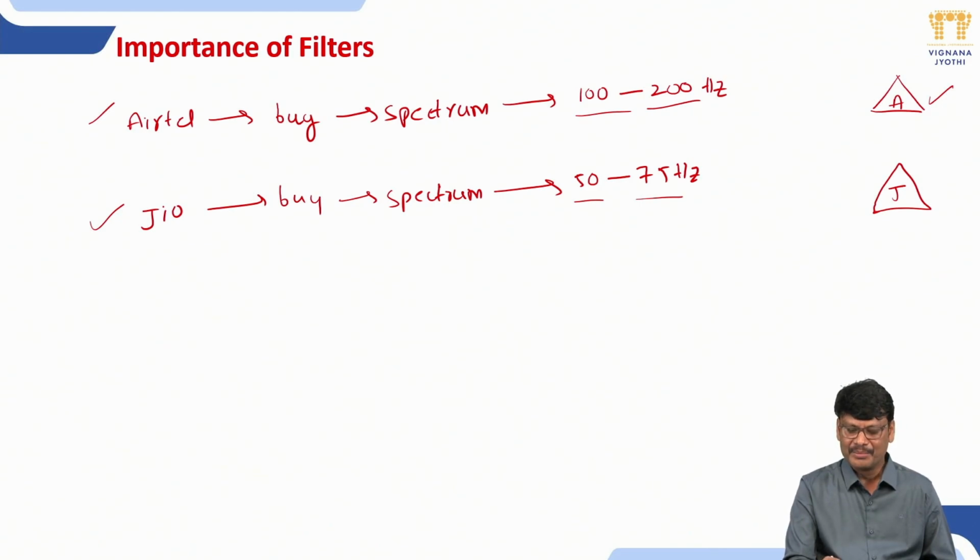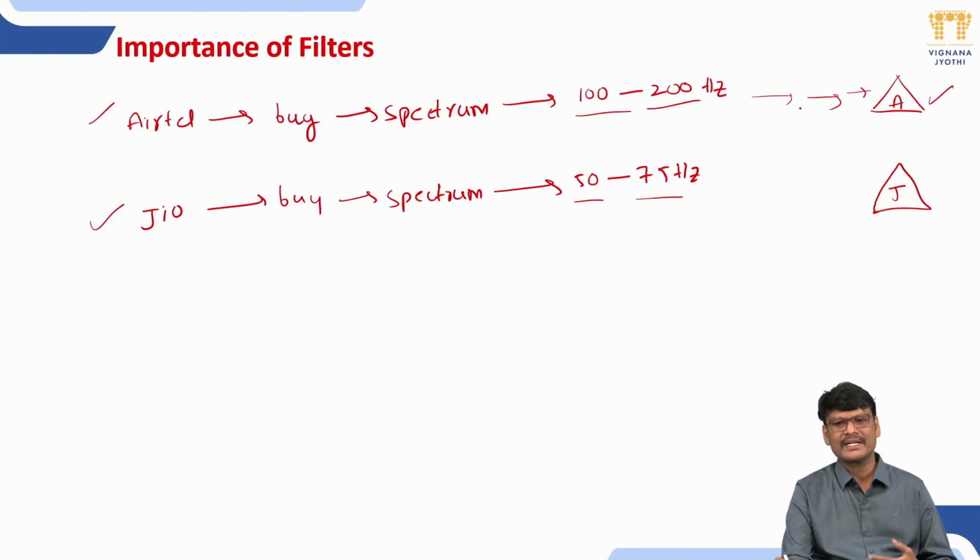Now, what is happening? Airtel will send their signal with a frequency of 100 to 200 through the air like this. These signals will be circulated in the air and reach the Airtel signal tower.